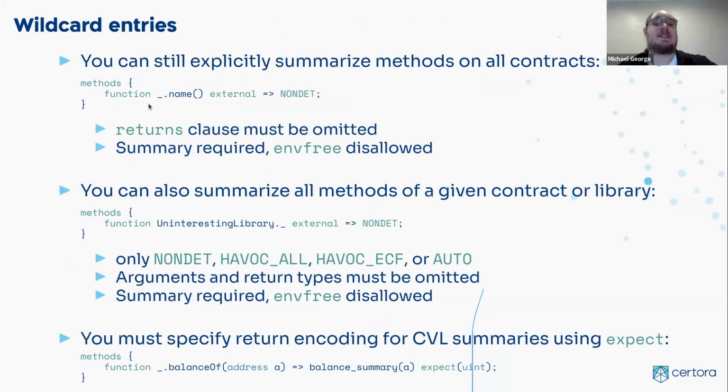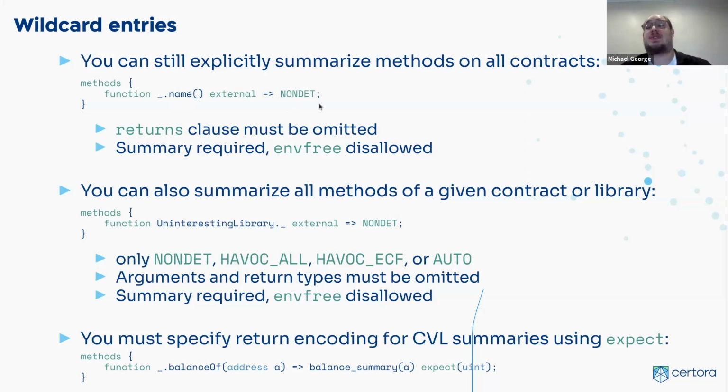So here I've written a methods block entry for a function called name, but instead of explicitly saying which contract I'm talking about, I put this underscore, which, like in other places in CVL, means pick any contract you like. And so in this case, this will match any name method in any contract. And then we'll summarize it, in this case, with a non-det summary.